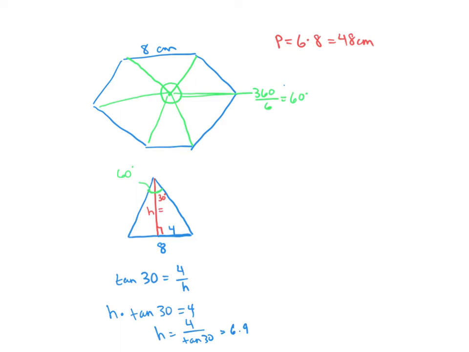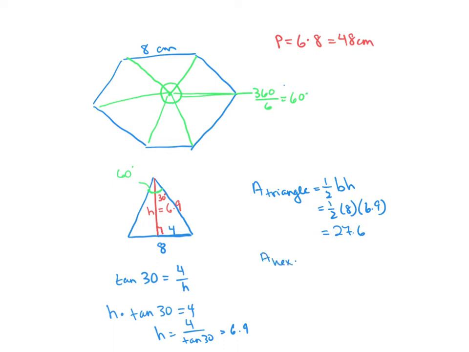Now that we know that our height is 6.9, we can find the area of one triangle. This large triangle, well, to find the area, we do 1/2 base times height. This large triangle has a base of 8, because we're looking at the whole blue triangle, and a height of 6.9, which gives us an area of 27.6.